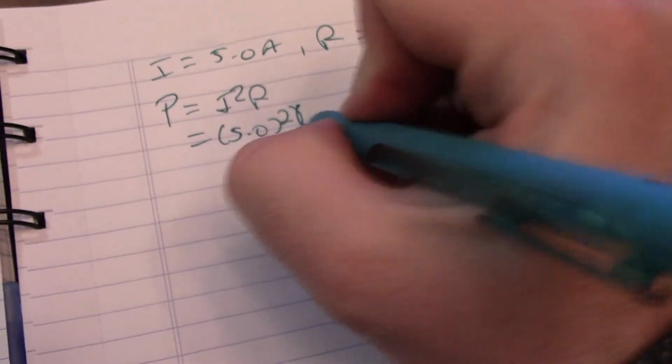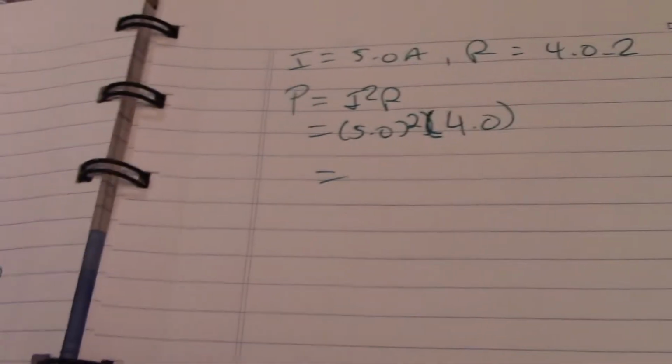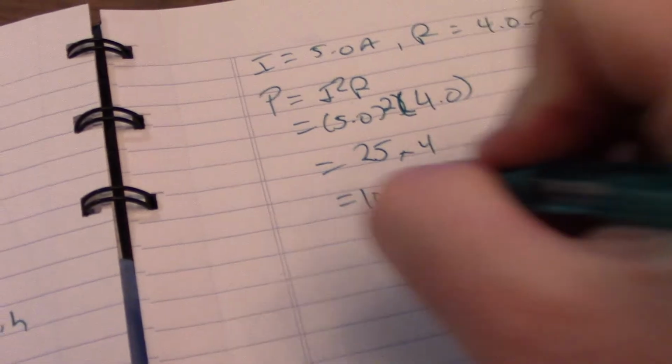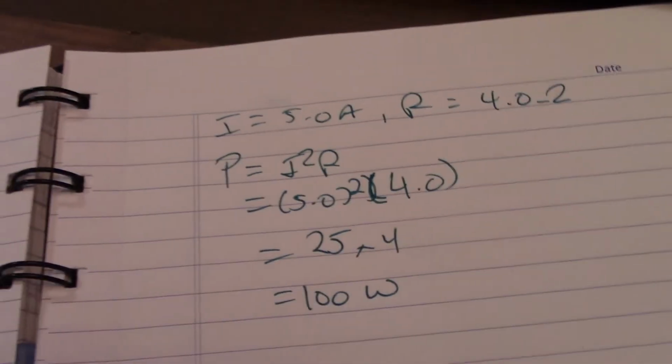So power equals I squared times R. So that's going to be 5 squared multiplied by 4 ohms. So 25 times 4 equals 100 watts. So that would be the answer to C.